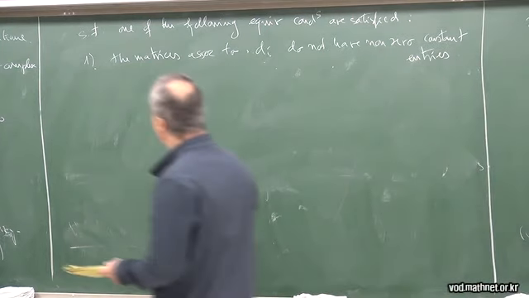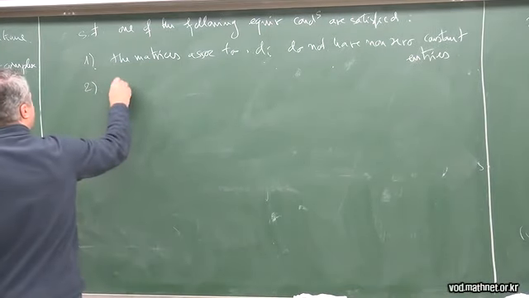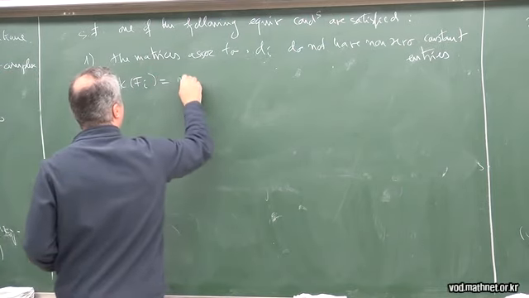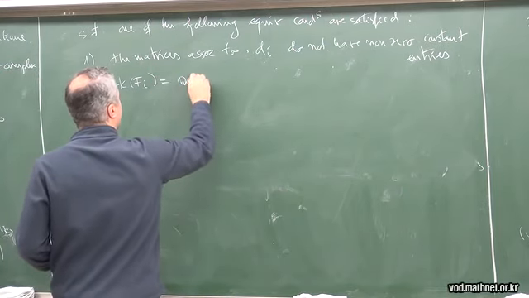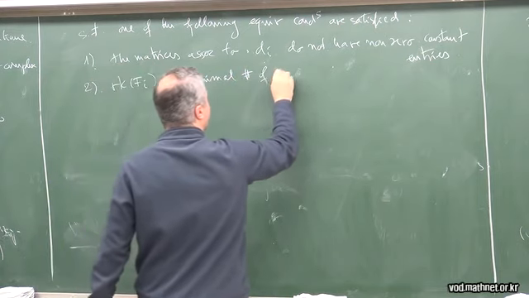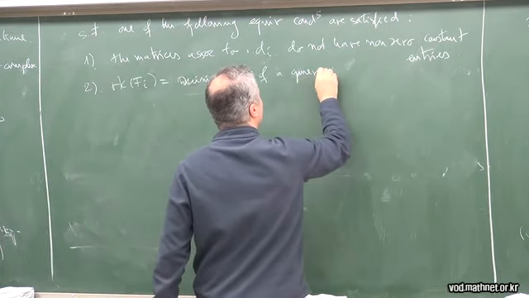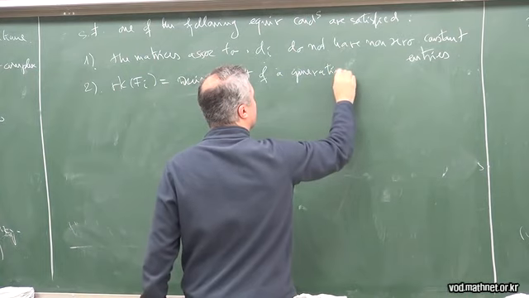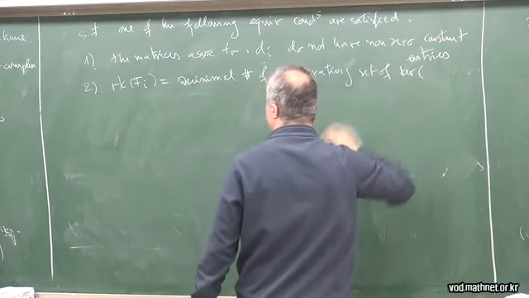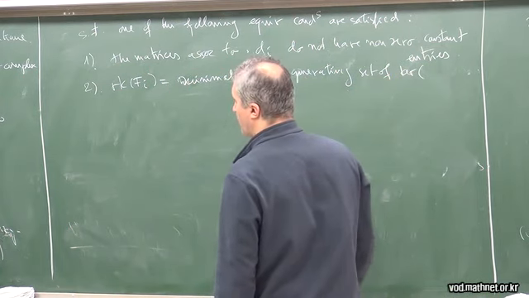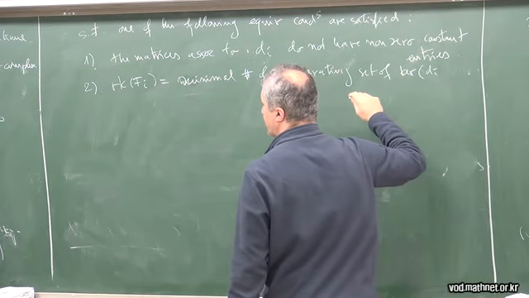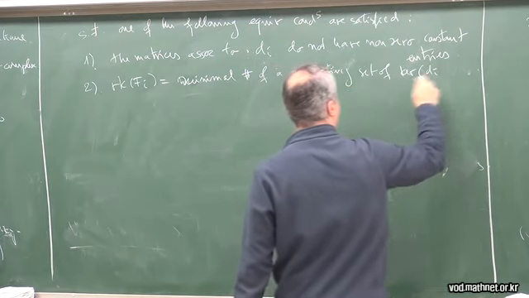Or the second is that the rank of Fi is the minimal number of generators of the kernel of d_{i-1}.